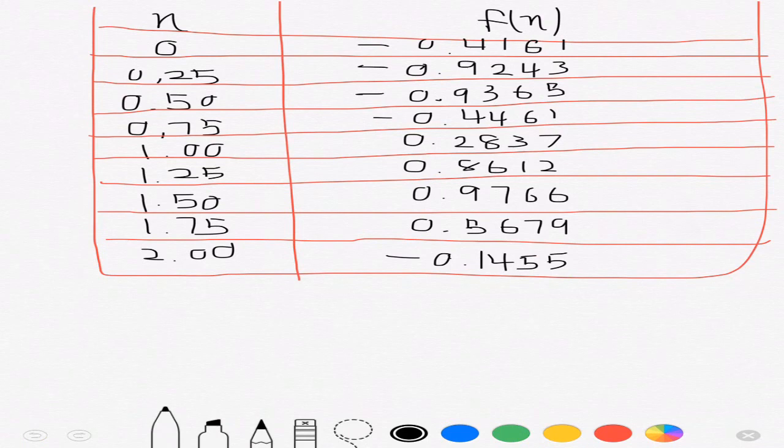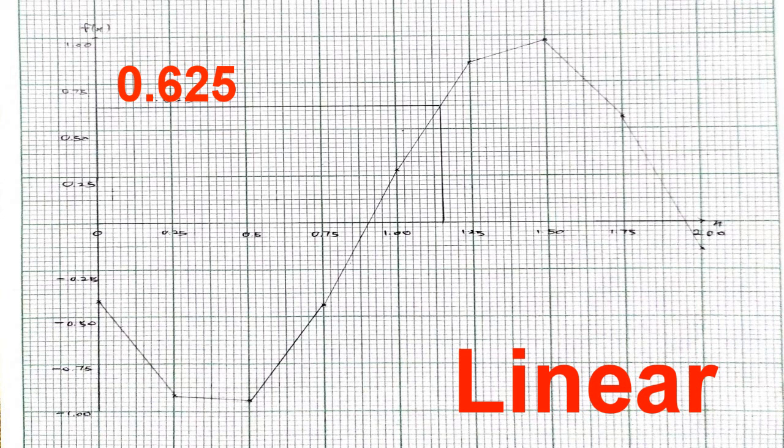After getting all these values, we start plotting the graph. So let's proceed to the linear graph first.